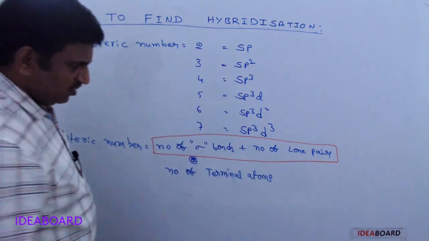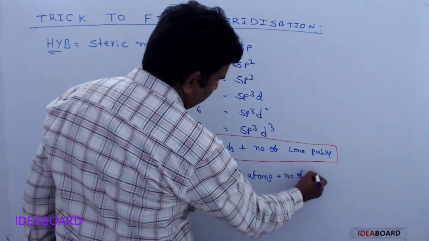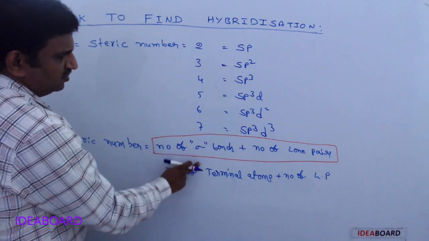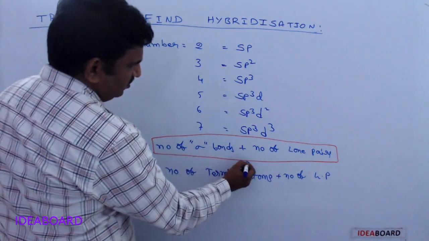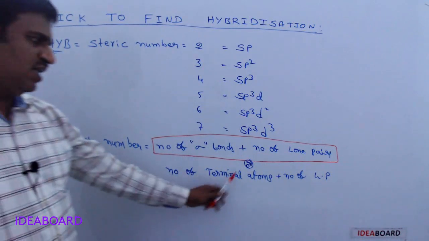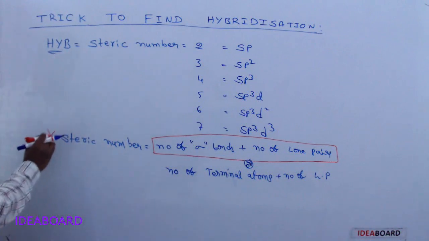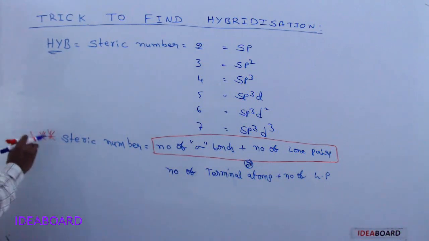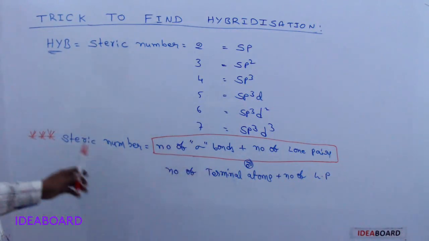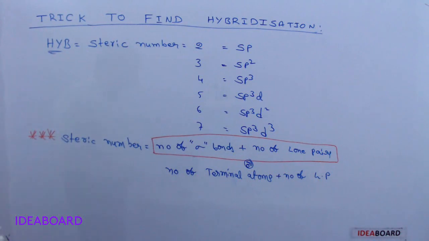So either steric number is equal to number of sigma bonds plus number of lone pairs, or number of terminal atoms plus number of lone pairs. Please remember this important formula. When we calculate the steric number, we can get the hybridization of that particular molecule or ion.